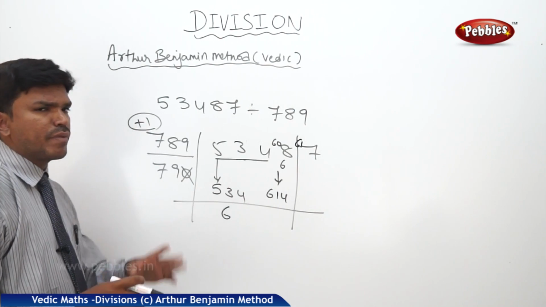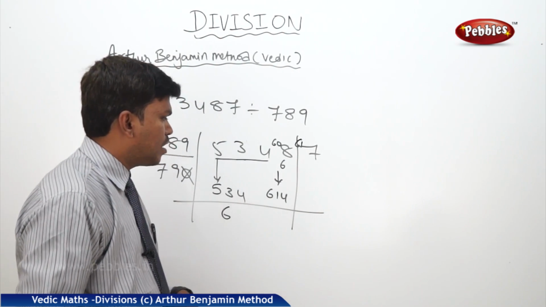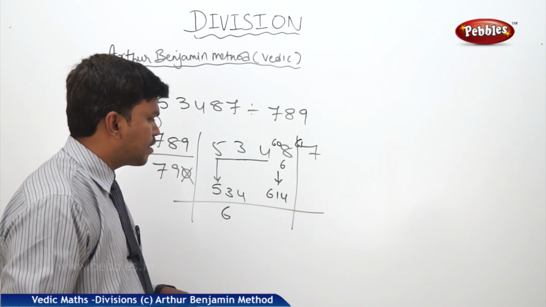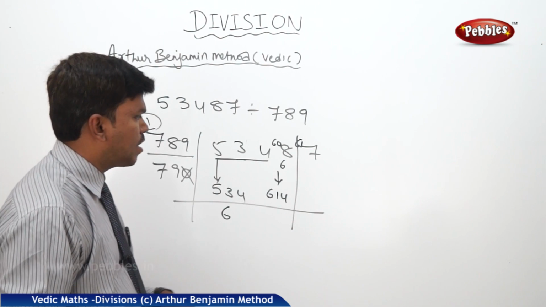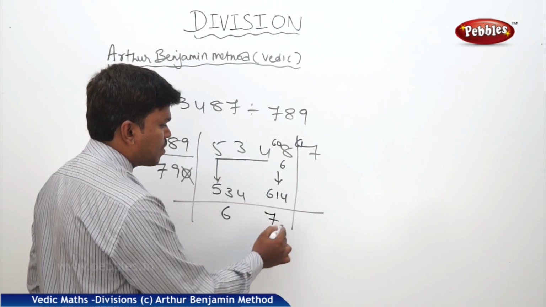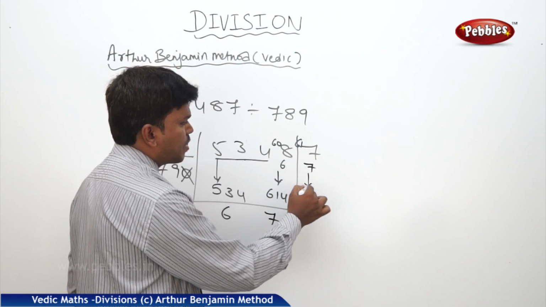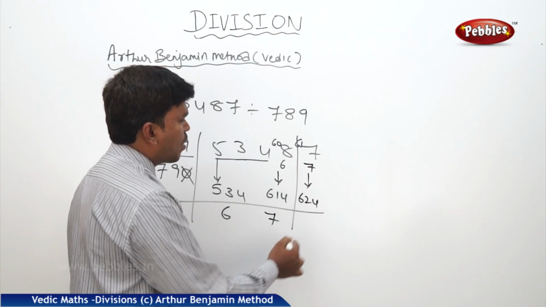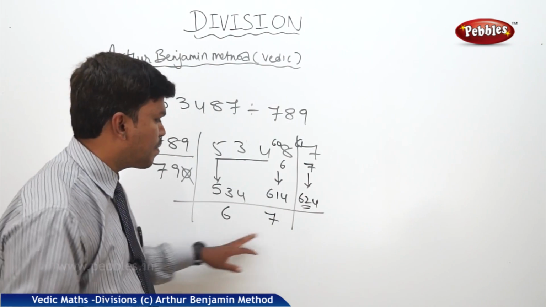So 47 plus 14, that's done. 617. How many times is it? 7 times. 7 into 1 is 7. 617 plus 7 is how much? 624.